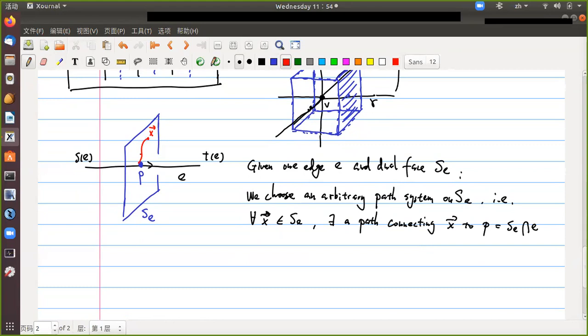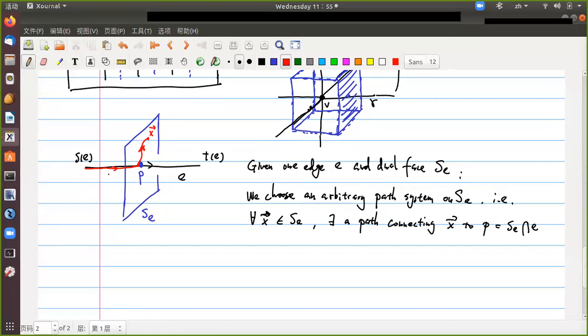So it means that for any point on the surface, we choose a path from this point to the intersection point P. And secondly, we also take a curve from the source of E along the edge to the intersection point P, and then connect the path to this curve. So I define a curve starting from the source of E, firstly to the intersection point P, and then using the path from P to an arbitrary point X on the surface.